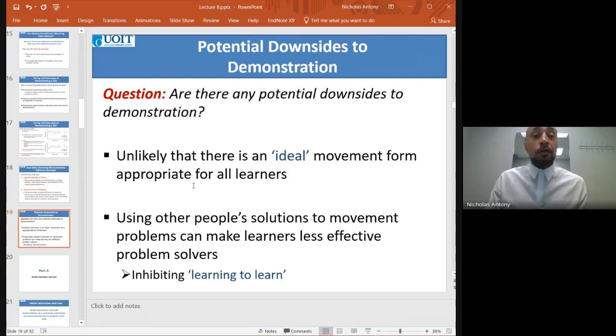Now, based on that, we've got a good basis of demonstration. Do you think there are any downsides to showing demonstrations to people? The two that I could think of is, first, that there's unlikely an ideal movement pattern for all learners. What was one of the factors when studying motor skills or motor control, of how you divide up the motor skills?